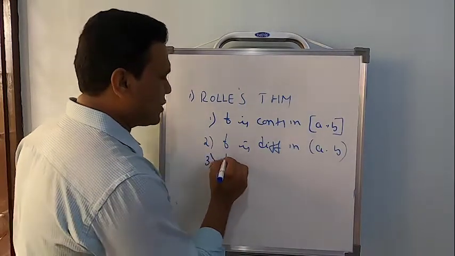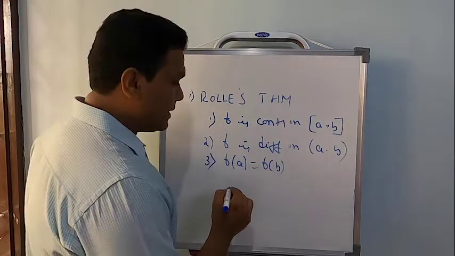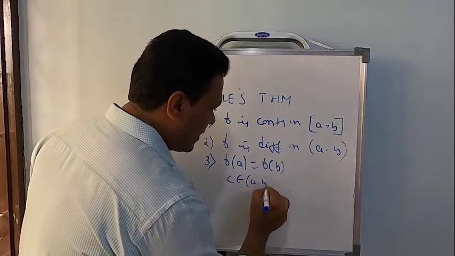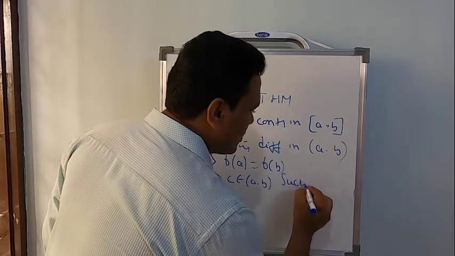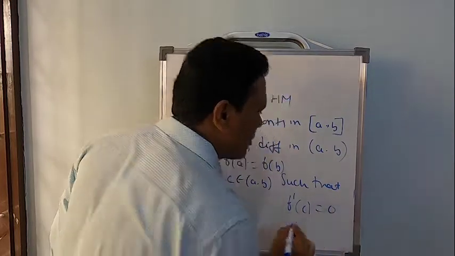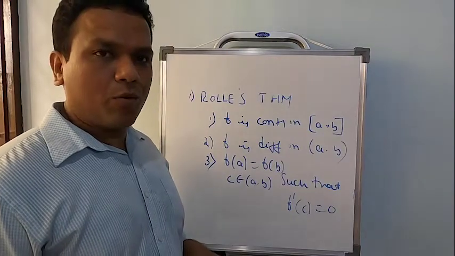And now the third condition, f of a should be equal to f of b. Then there exists a real number c belonging to the open interval a comma b such that f dash of c equal to 0. This is the statement of Rolle's theorem.